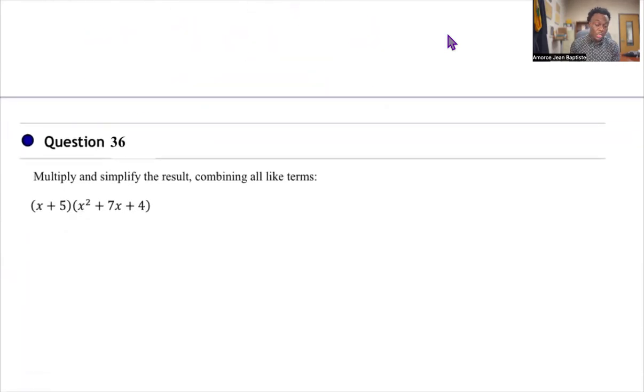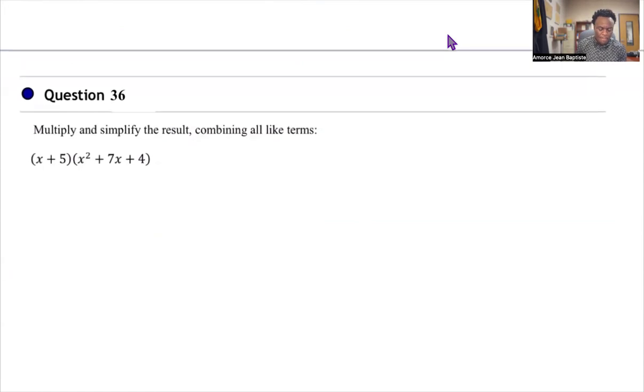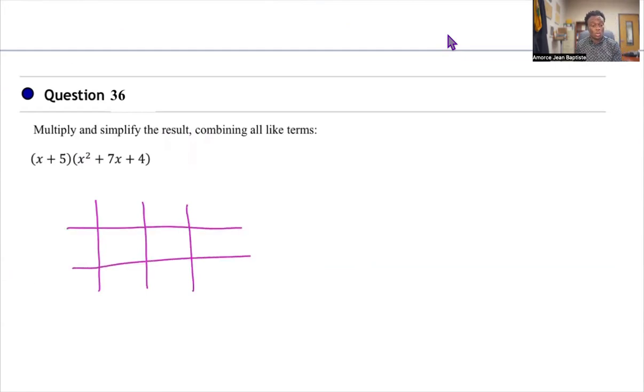The next one, you can do the same thing, or you can do the box method. I'm going to try the box method since we've already done the other method twice. So I'm going to put x here and then 5 here. That is x squared plus 7x and then plus 4.